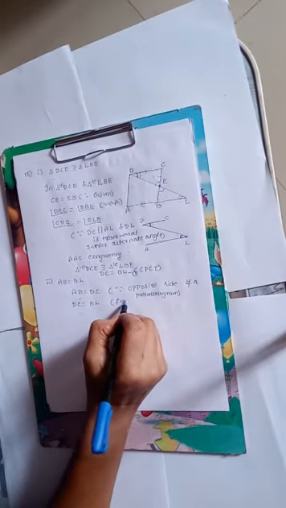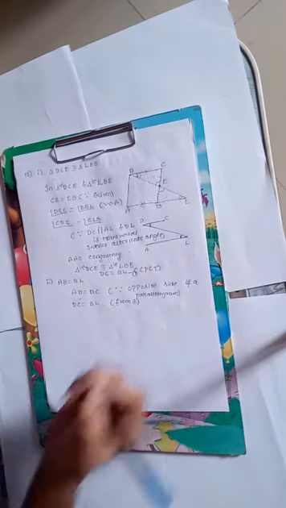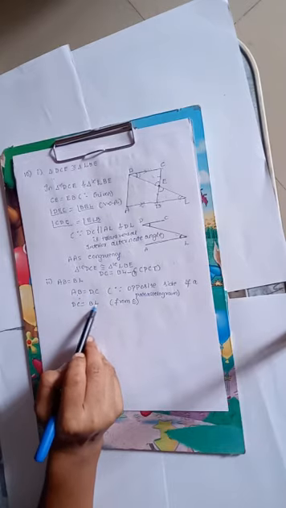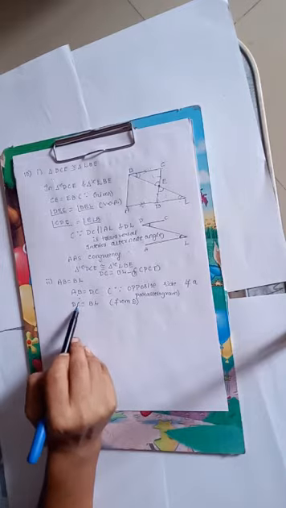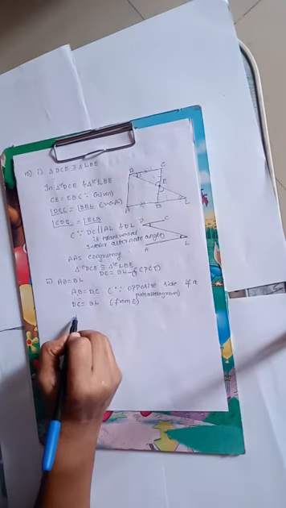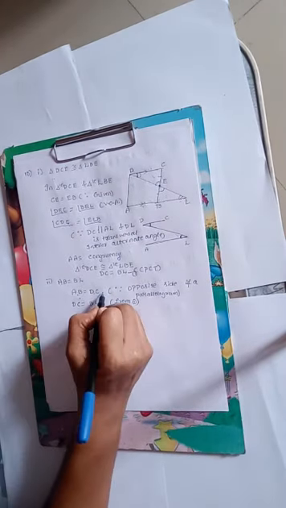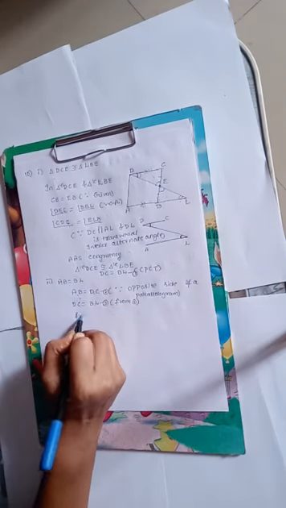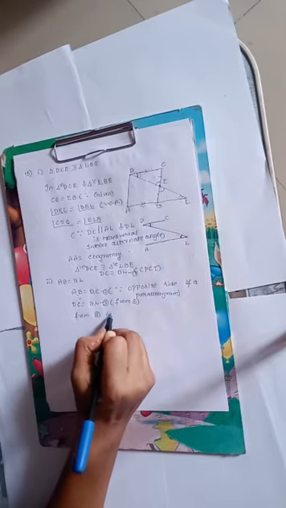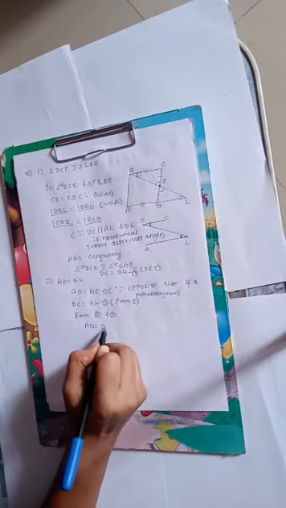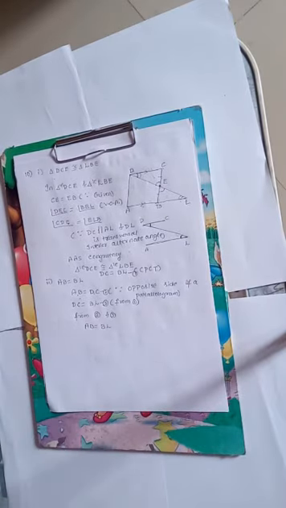Observe these two now. AB is equal to DC and BL is also equal to DC. Two things equal to the same thing are equal to each other. Call this 3. From 2 and 3 you can tell that AB is equal to BL. This is the second proof.